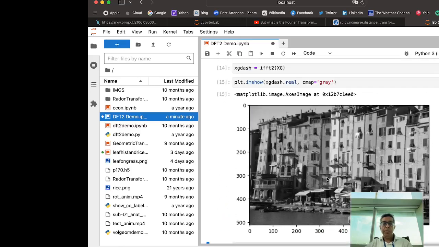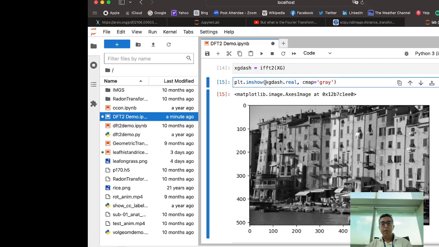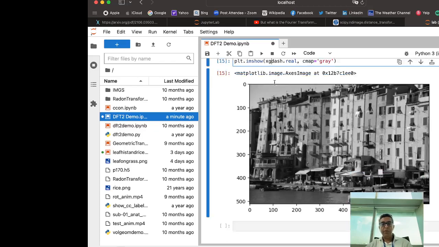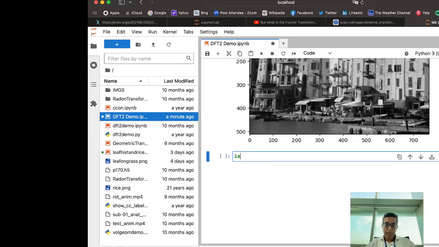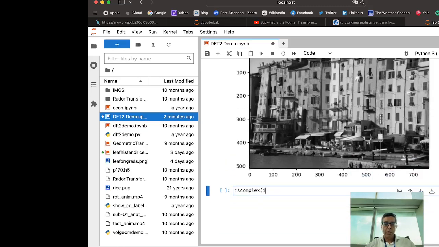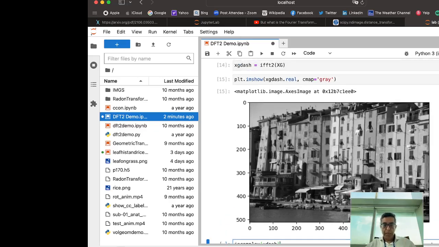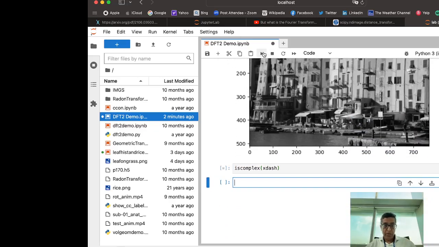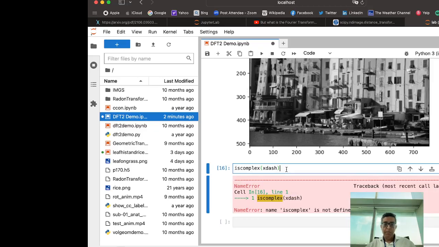However, when we take the inverse discrete Fourier transform, very often the result, xg dash, as indicated here, will be complex valued. In fact, if I do is complex, I can't remember what the result is here for xg dash. It might actually show up as either real or complex.